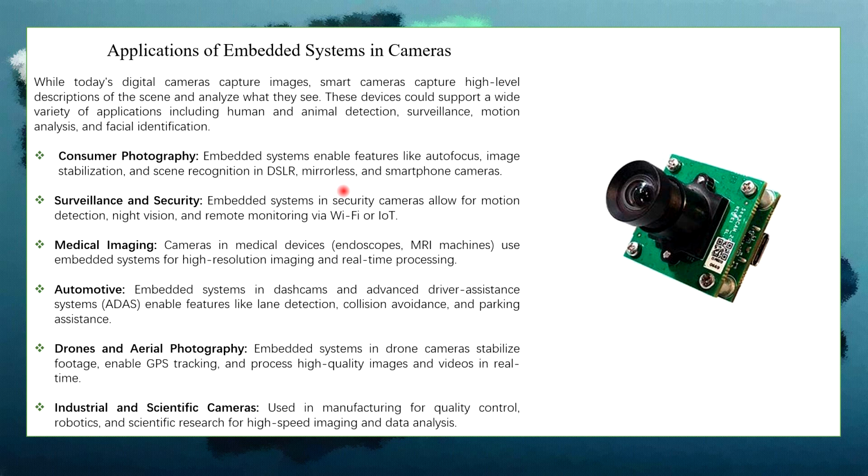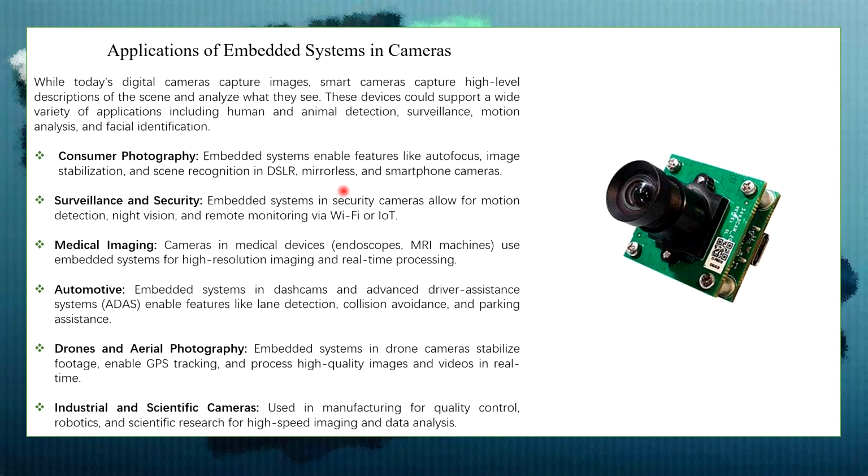Automotive. Embedded systems in dashcams and advanced driver assistance systems, ADAS, enable features like lane detection, collision avoidance, and parking assistance. Drones and aerial photography.